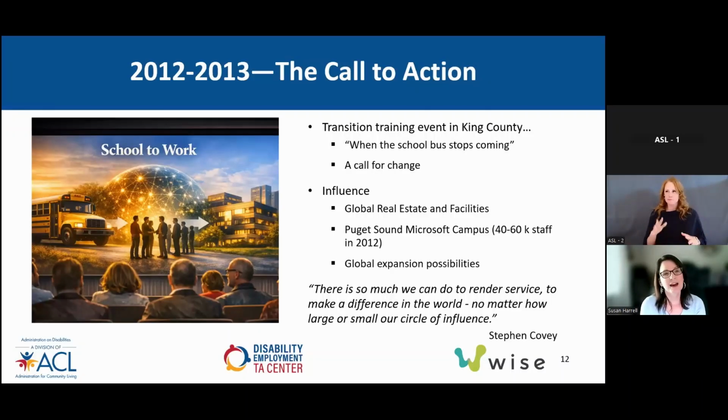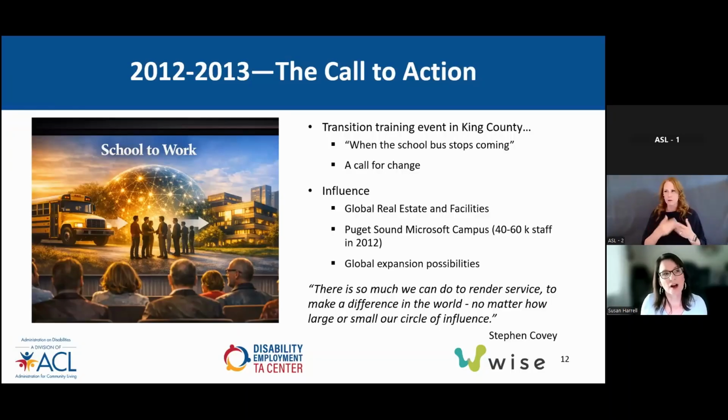And within that audience was the leader of the Global Real Estate and Facilities section at Microsoft. He happened to be a parent of a 14-year-old with autism, and he really was astounded that he couldn't expect that his 14-year-old daughter would just easily move into a job after the high school program ended.